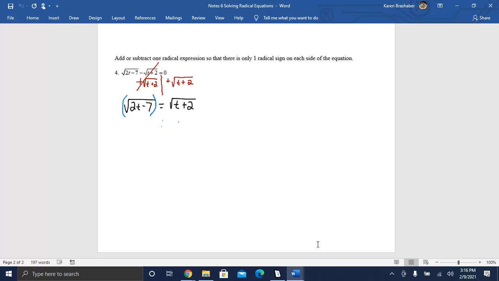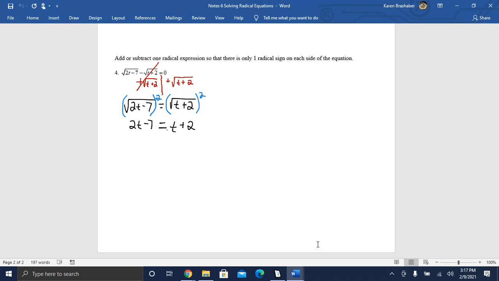Now I will raise each side to the second power because they were square roots. And when I do that, the square roots go away. So I'll have 2t minus 7, and then also the square root goes away on this side. So I'll have t plus 2.